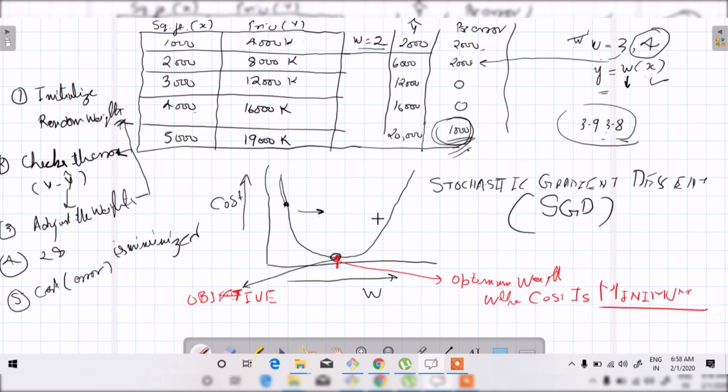Okay, so if you are initializing from here, then it will increase the weights, because it can see that the cost is decreasing. If you are initializing here, then it will decrease the weights so that it could come here. So the objective here is to come here.